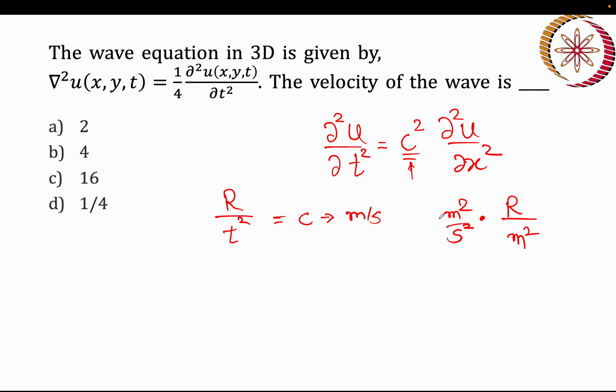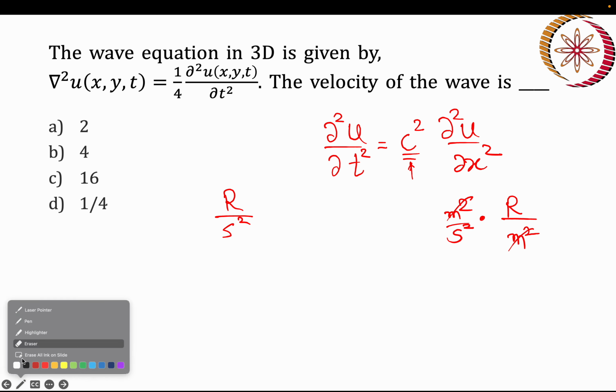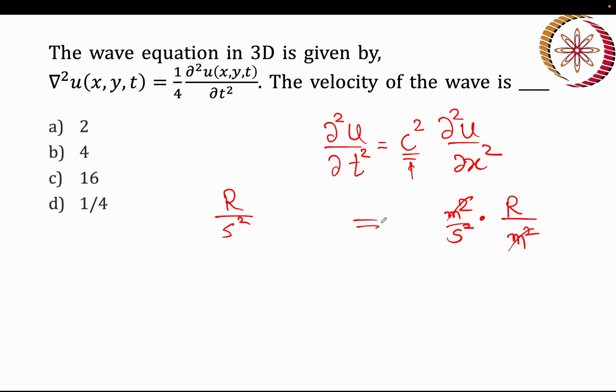Okay, sorry, here it should be c square. Okay, one second. So s square. So you see that meter square and meter square will get cancelled. So C has the unit of meter per second, and dimensionally they are matching.